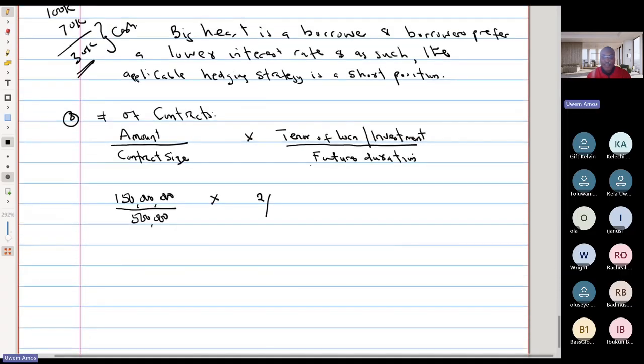That gives us, by my calculator, 200 contracts. Free marks as well. The formula is pretty straightforward. Just plug in the figures and you are good to go.